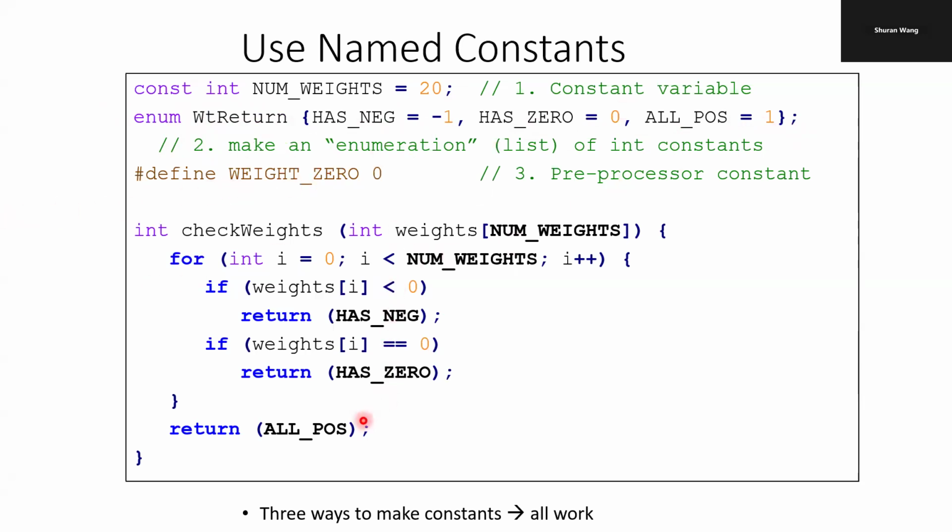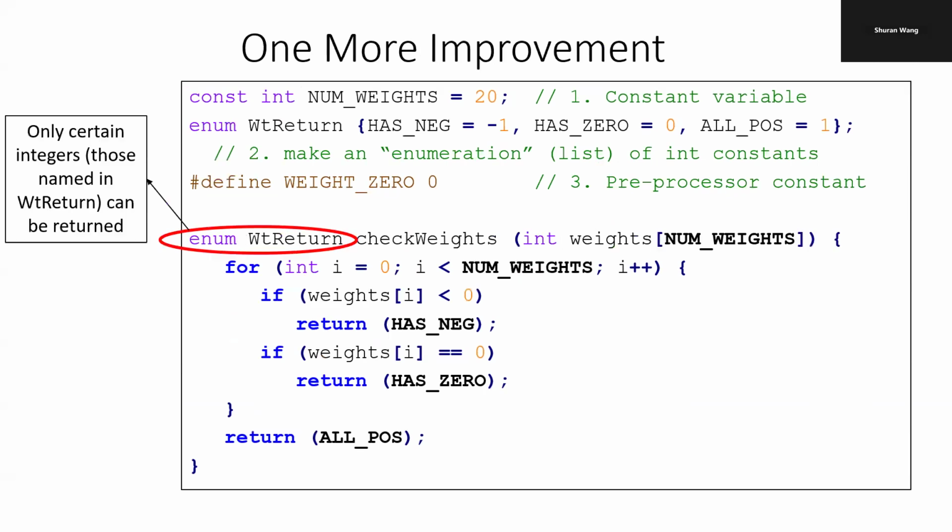So we can use these ones like this. And then the return, you can also change int to enum wait return. This is a valid return type, and this means integer but constrained to only the values defined here.